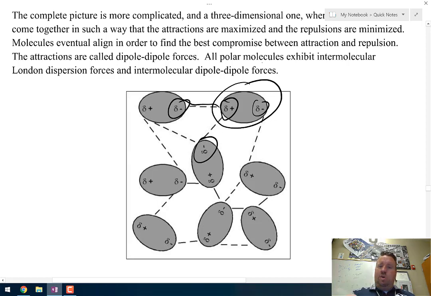So all polar molecules exhibit these intermolecular dipole-dipole forces and also intermolecular London dispersion forces. In general, the dipole-dipole forces are greater than London dispersion forces only.